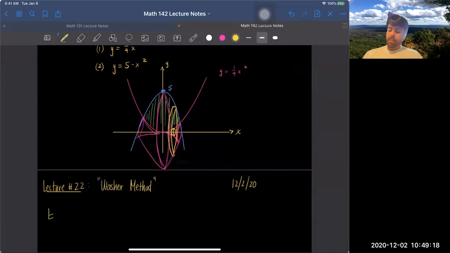So this is the example from last class, the last example from the previous lecture, continued.